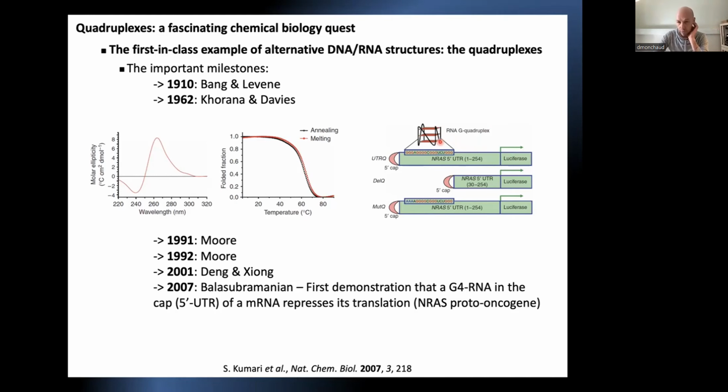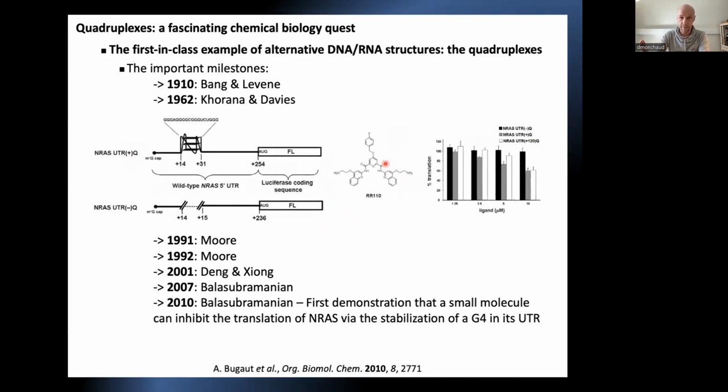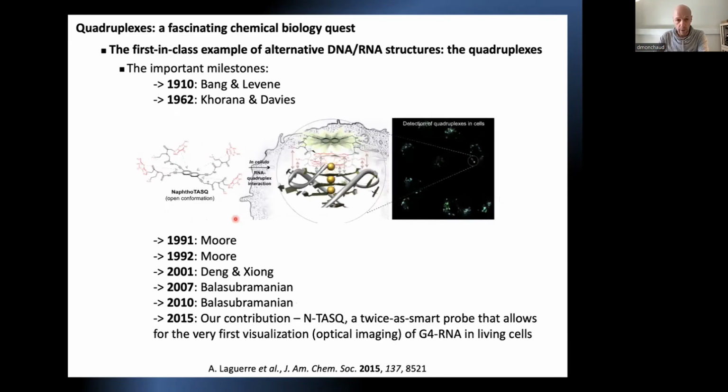So again, you can modulate the expression of several genes or transcripts using the quadruplexes. This was done without a ligand, but in 2010, it was done with a ligand, which is called the RR110. This is Rafael Rodriguez's work. And it works quite well.